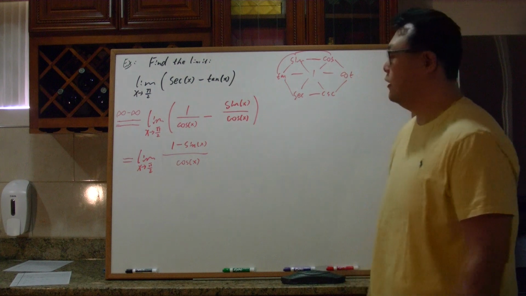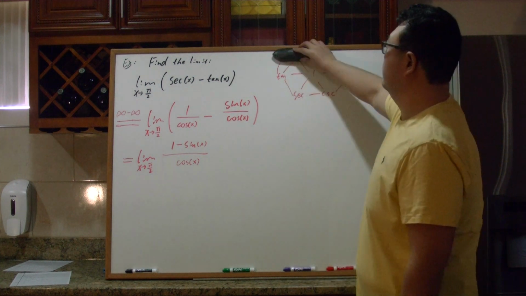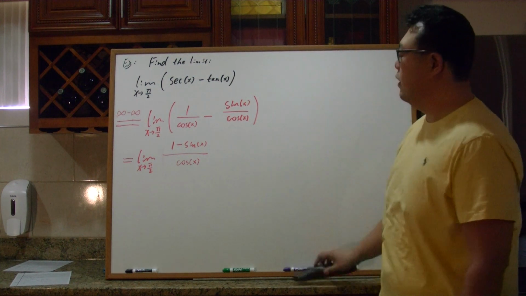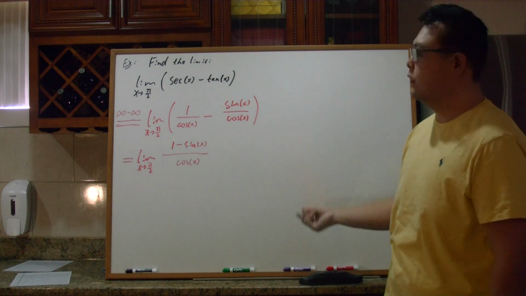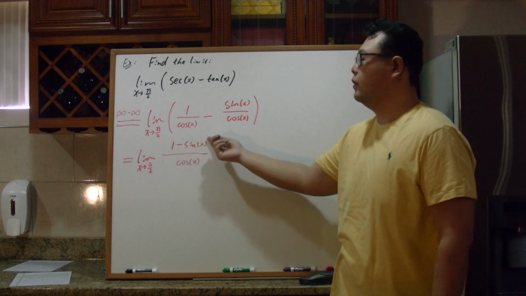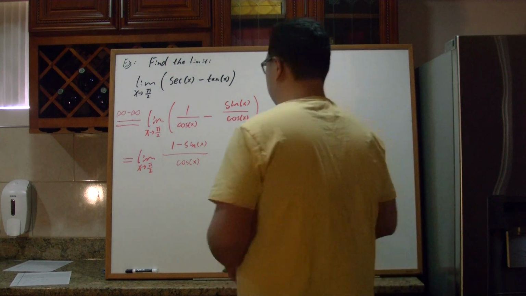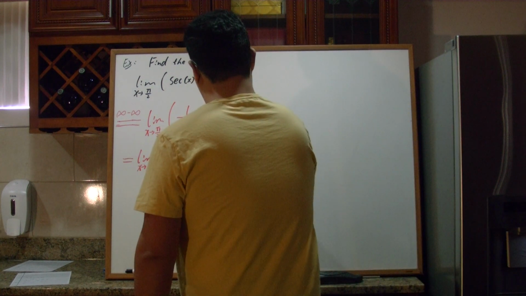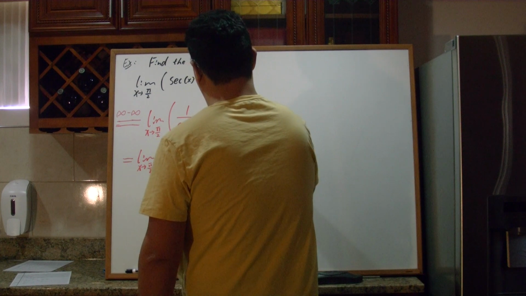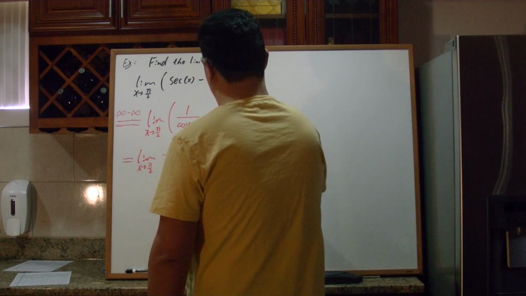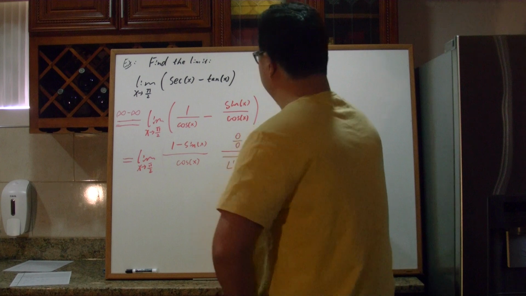Now this one, when we plug in pi over 2, we get 1 minus 1 is a 0, we get cosine of pi over 2 is also a 0.